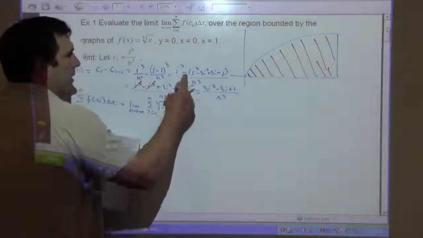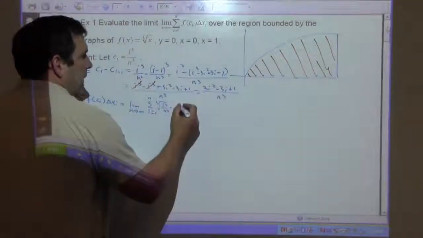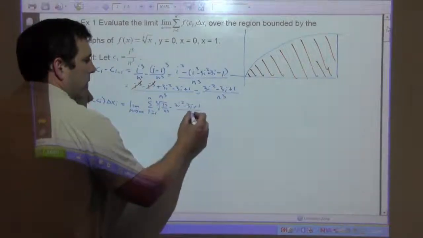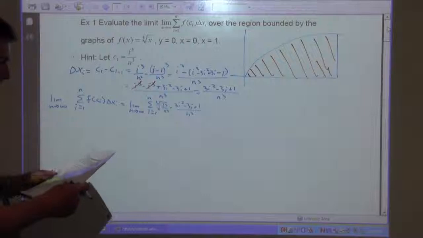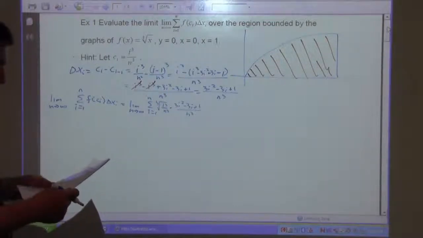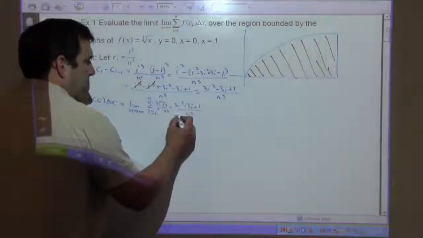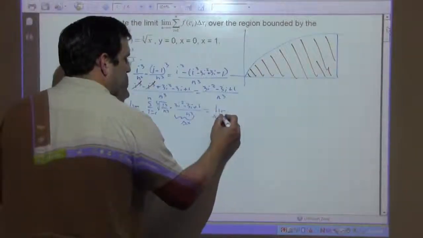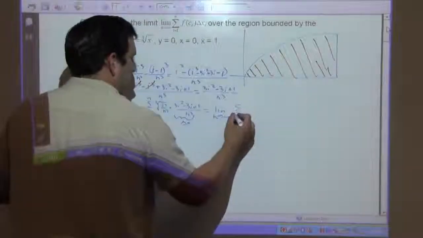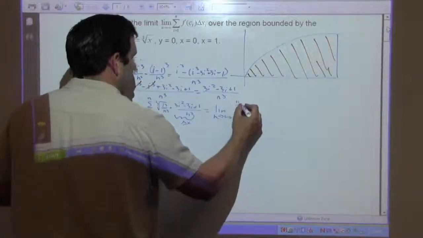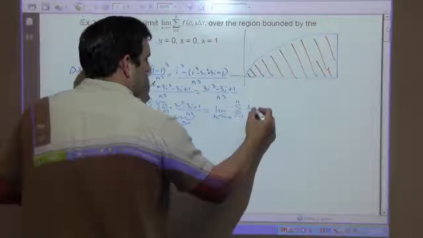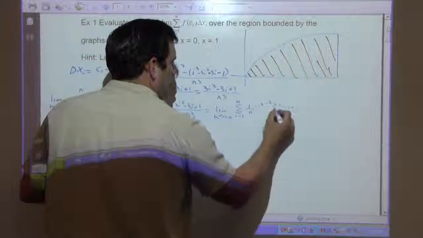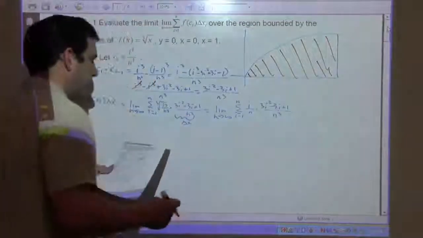But then times our delta xi, and our delta xi is going to be 3i squared minus 3i plus 1 over n cubed. So this part is our delta x. This gives us the limit as n goes to infinity of the sum i goes from 1 to n of i over n times 3i squared minus 3i plus 1 over n cubed.